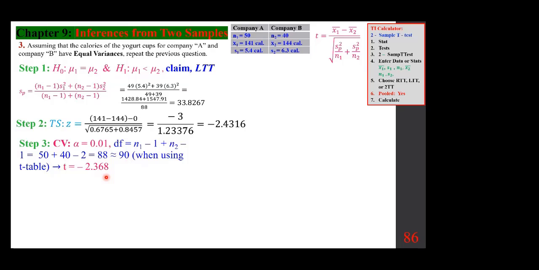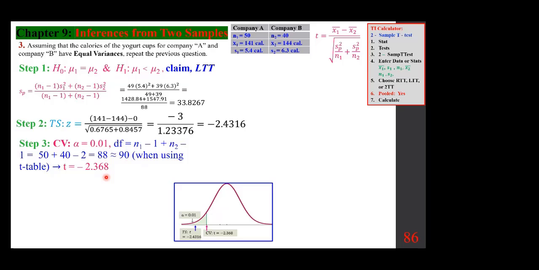This is close enough. We do the graph. We notice that this is negative 2.368, the critical value. Negative 2.431, the test statistic, is way into the rejection region. This is smaller than this one. Because of that, reject H0.